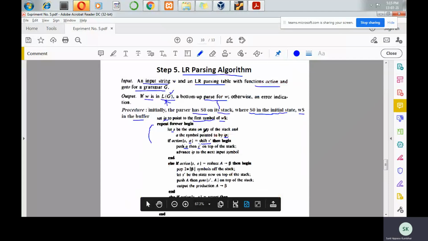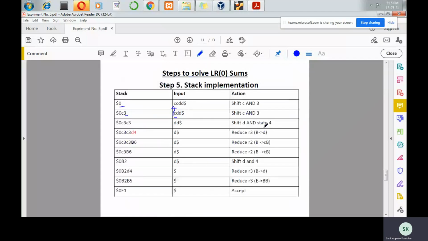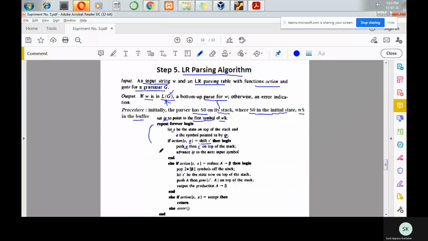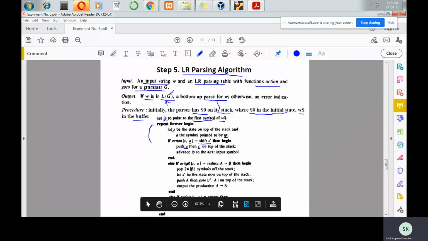4 with D, there is a reduce entry. So according to the algorithm, if the action of S comma A is a reduce entry, then begin. This is a very first step: we have to pop 2 times the number of symbols in the right hand side from the stack.